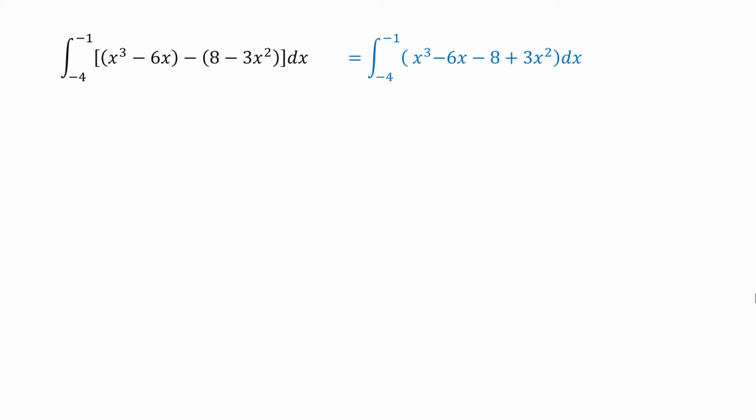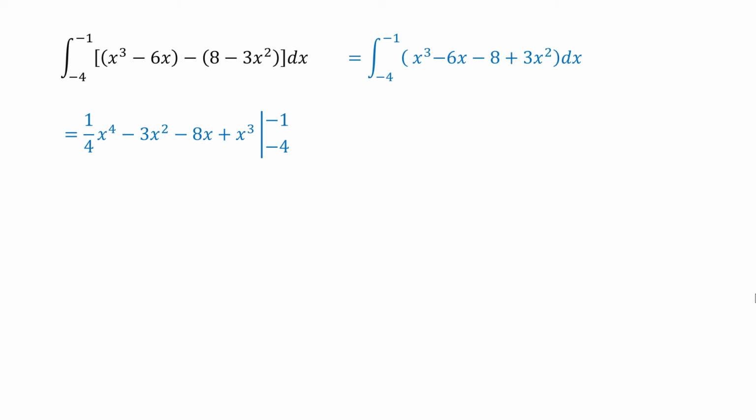The integral of x cubed is 1/4 x to the 4th. The integral of 6x is 3x squared. The integral of 8 is 8x. And the integral of 3x squared would be 3 divided by 3 times x to the power of 3, or x cubed. We evaluate that from -4 to -1.